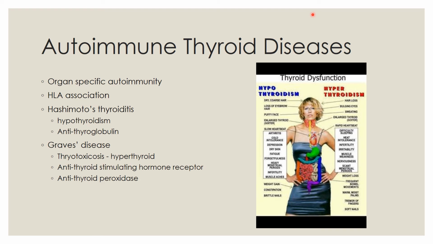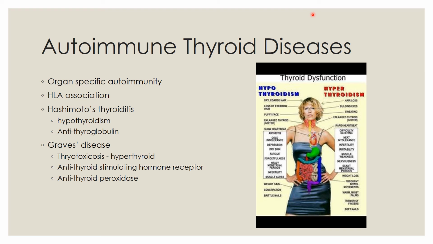And the clinical symptoms are different. Some of them are the same. You can see there can be hair loss in hyperthyroid as well. However, it's the nervousness and the jitteriness and the insomnia and the depression, and weight loss instead of weight gain. So you have some that are on the opposite end of the spectrum.